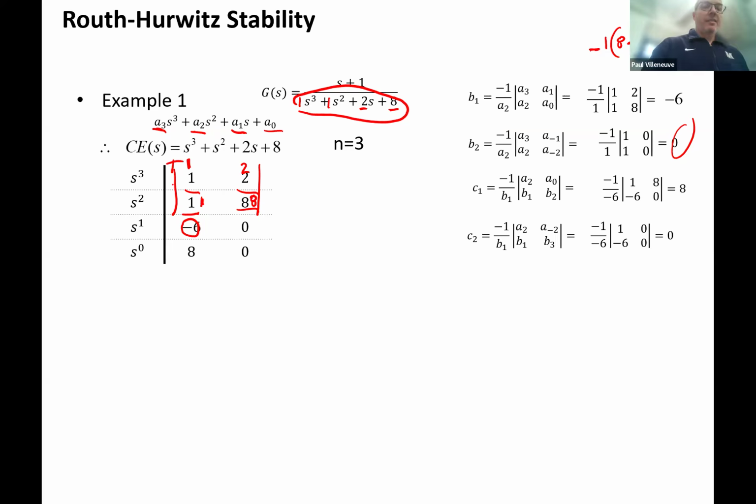Plus, no sign change there. Oh, minus, one sign change. Plus, sign change there. Don't I have 2 sign changes? I'm not counting negatives, I'm counting changes in sign. So from plus to minus is 1, and from minus to plus is 2. So I should have 2 poles in the right-hand half plane. This is an unstable system.